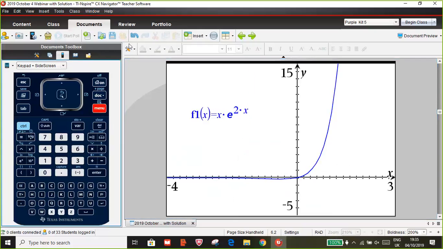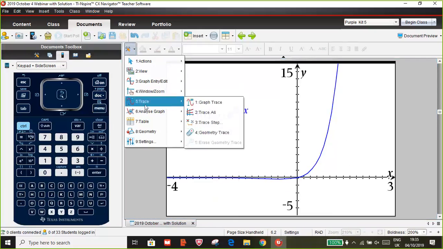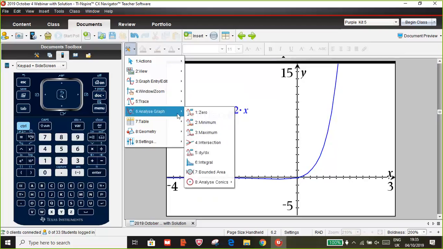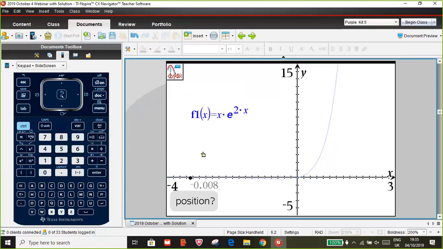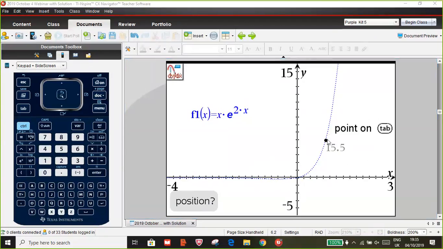By going to menu, under analyze graph, first go and find the dy/dx at the particular point. The point is 1, right? Or you can actually drag this, but it's not very precise. As you drag, at this point that's the gradient, but how do I make it precise? The best way is just type in 1.